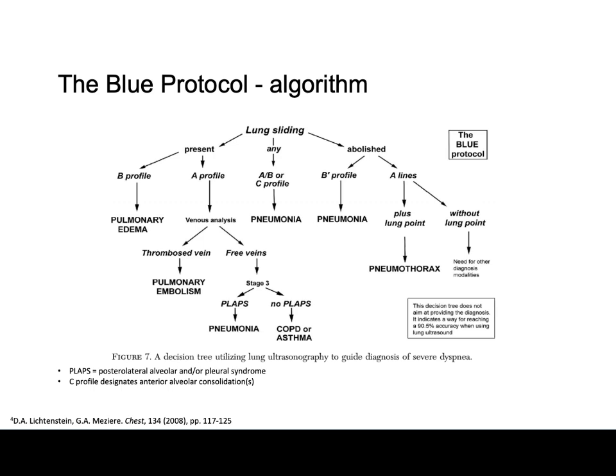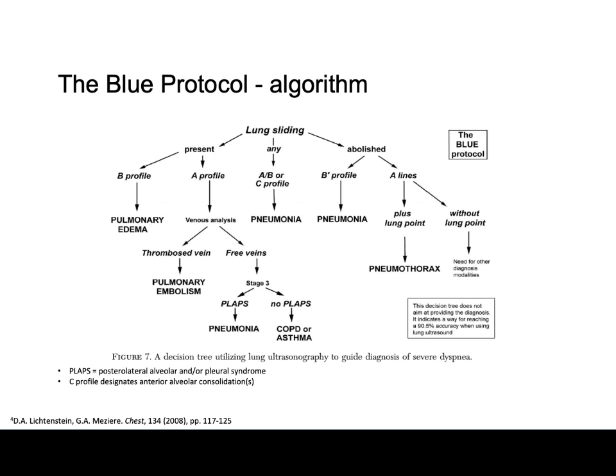If lung sliding is abolished and the patient has what's called a B' profile, or B lines in the presence of no lung sliding, then pneumonia may be a likely diagnosis. If the patient has abolished lung sliding and the presence of A lines and a lung point is seen, then the patient has a pneumothorax.